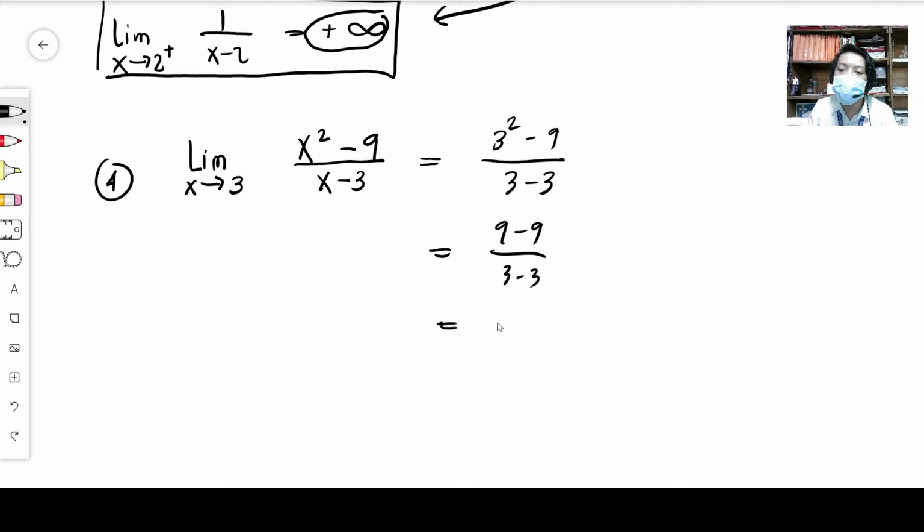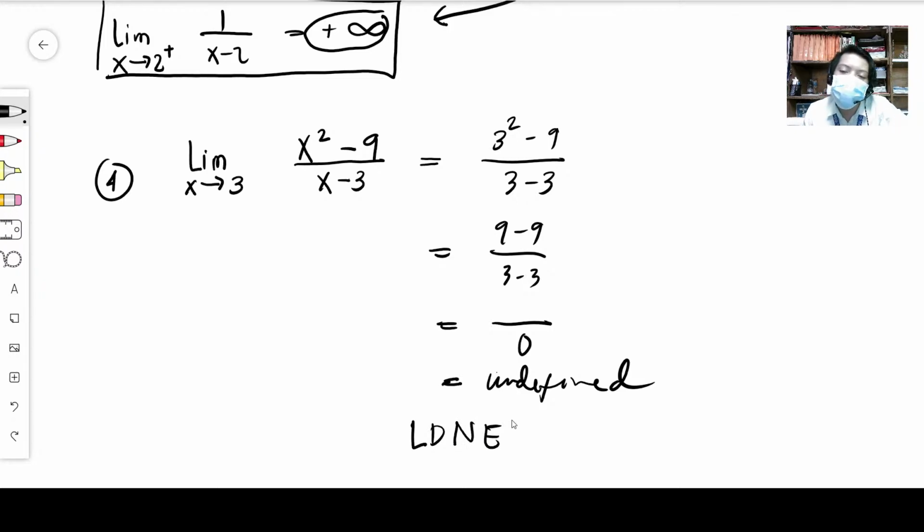The denominator is 0. Whenever the denominator is 0, whatever the numerator is, the value is undefined. You might think that because the answer is undefined, the limit does not exist.